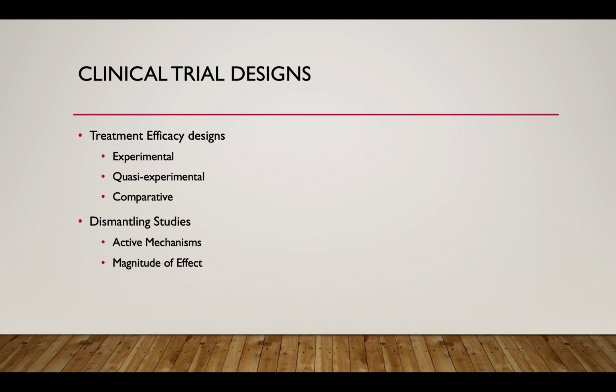For treatment efficacy, we typically have some sort of an experimental design or a quasi-experimental design in which we have a control group, either that we've designated as a control and randomly assign people to receive treatment or control, or some series of treatments and control, or we have a quasi-experimental design where we have tried to identify potential control groups or differences that may pre-exist that we didn't actually assign.